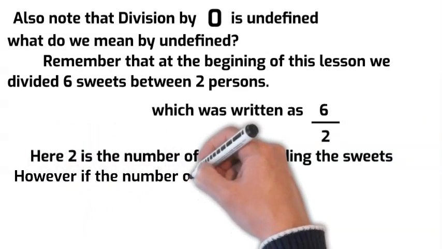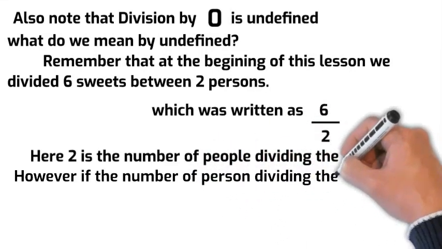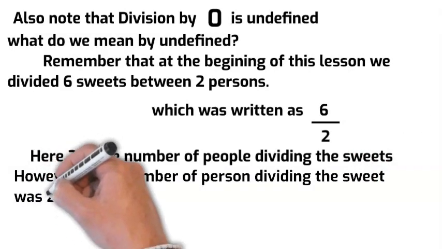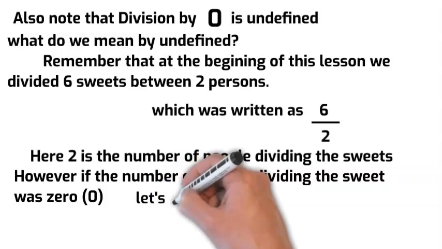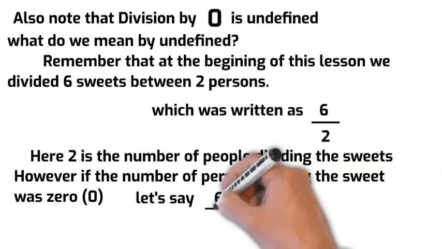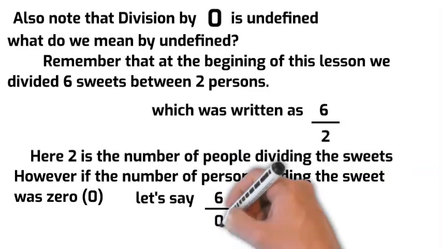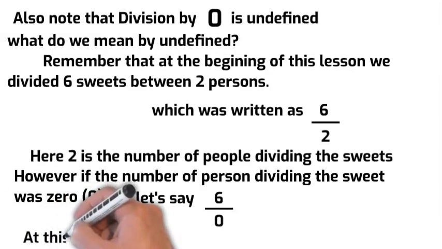However, if the number of persons dividing the sweets was 0, let's say 6 over 0, it then means that there is no way we can share or distribute 6 sweets to nobody.